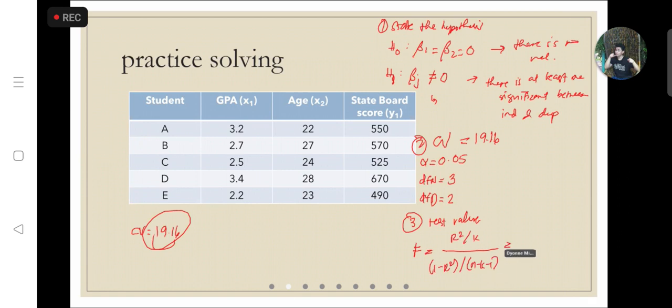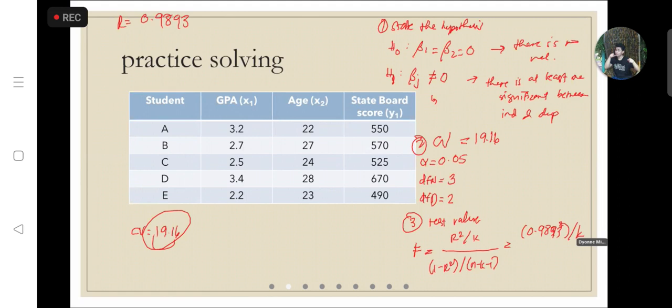So for this sample problem, what is our R? Anyone can recall? 0.9893. So 0.9893 squared over k.